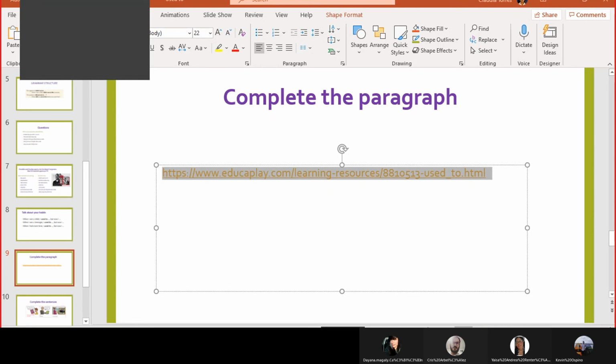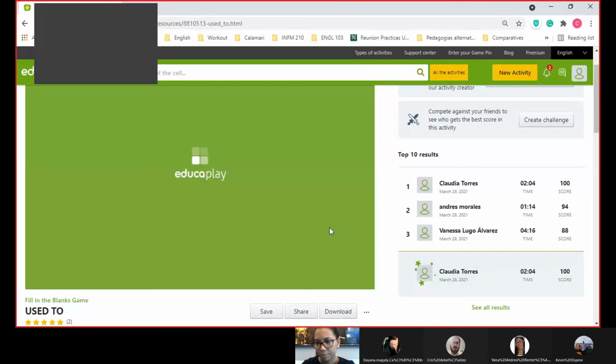If you go to that link, you're gonna see an activity, which is like a filling the blanks game. Can you see my screen is green? Yeah, you can see it, guys.